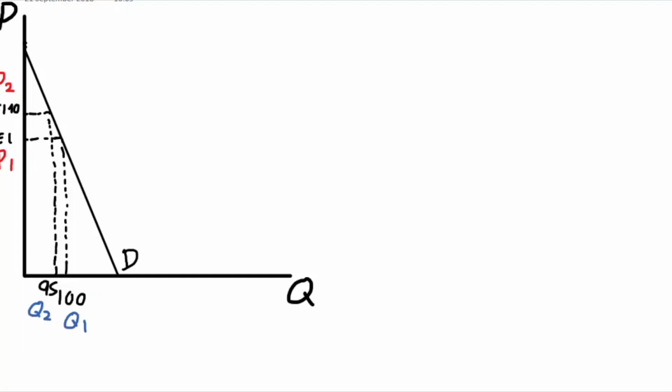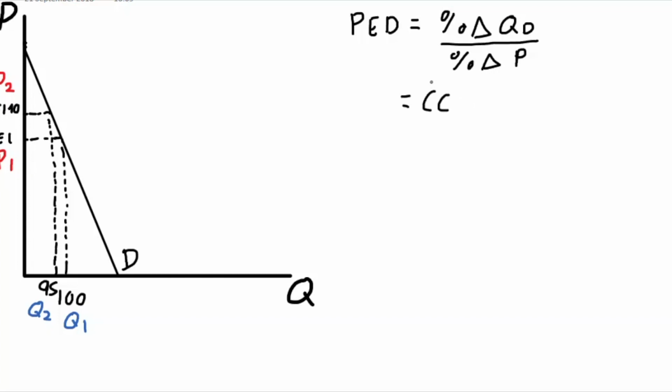We will write out the elasticity formula again, which is price elasticity of demand is equal to percentage change in quantity demanded, all divided by the percentage change in price. So what we're going to do is write that out in longhand, and we will say that Q2 minus Q1 is all divided by Q1, and that's multiplied by 100.